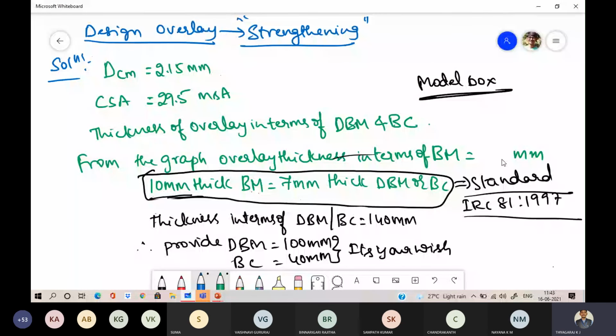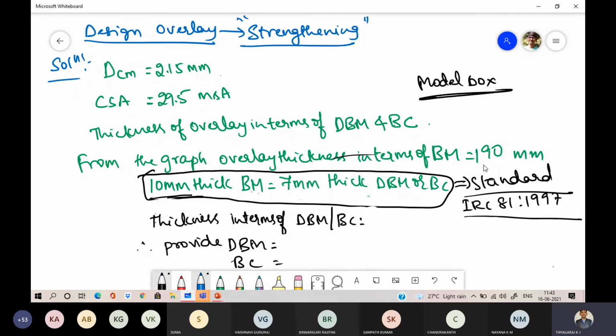From the graph we are going to get 190 mm. Make a statement here. Now check how much you are going to get in terms of DBM and BC. 10 mm is equal to 7 mm. 190 into 7 divided by 10 is 133 mm.